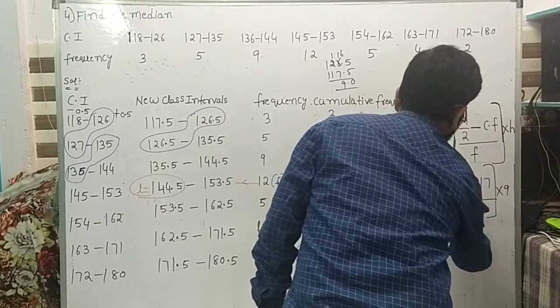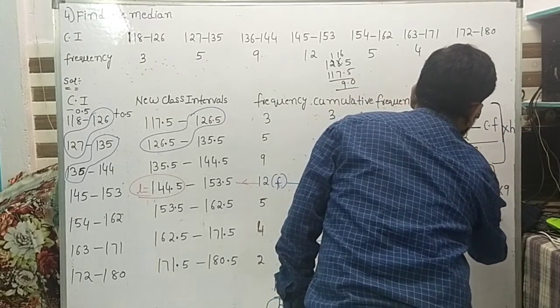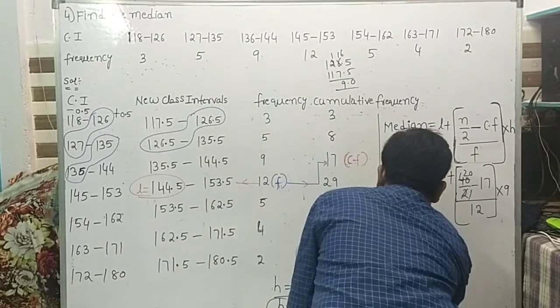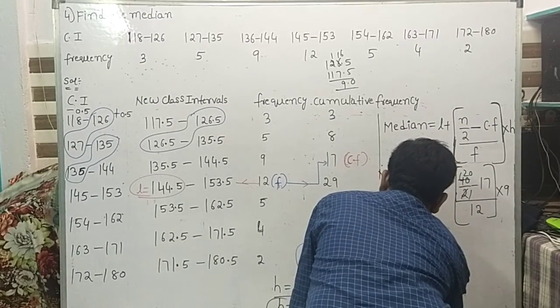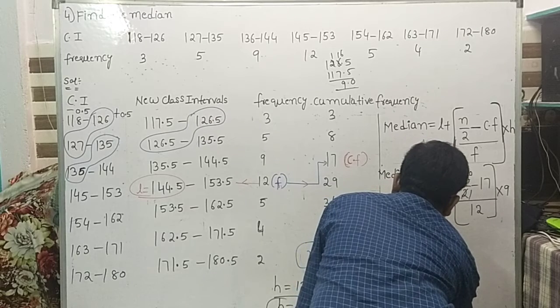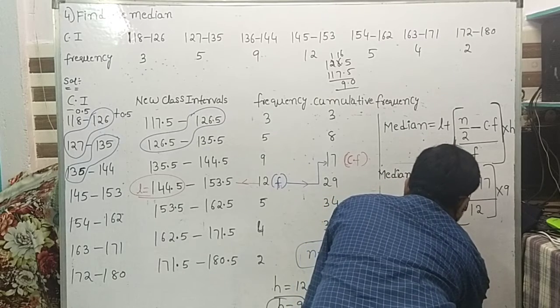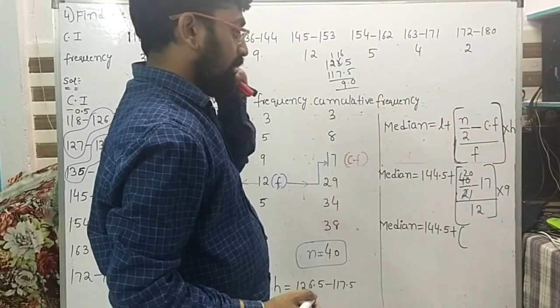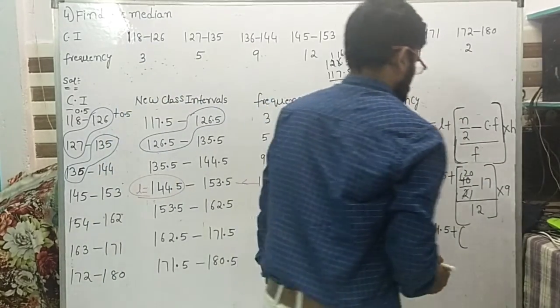Twelve twos are 24, so it will be median equals 144.5 plus 20 minus 17.